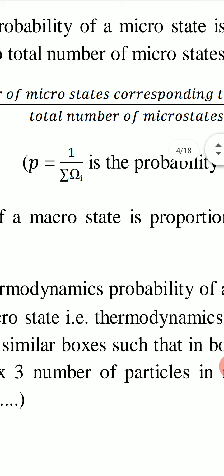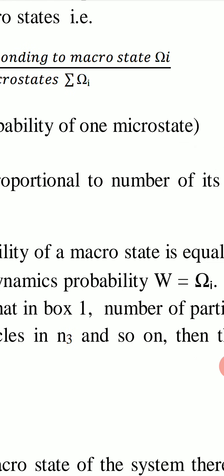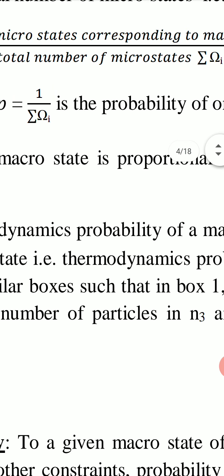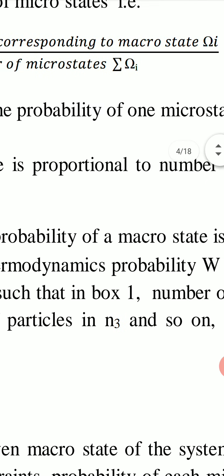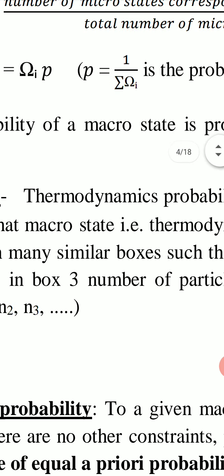So Pi is omega i upon summation omega i. Omega i is the number of microstates corresponding to that macrostate, and summation omega i is total number of microstates. 1 upon summation omega i is the probability of one microstate, which we write by small p.